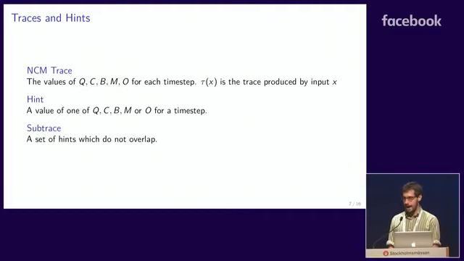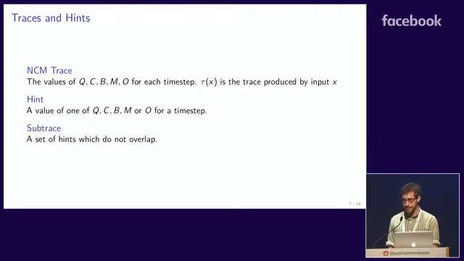So at a little bit of a lower level, a trace for a neural computational machine is a set of values of the controller talking to the processor and the processor talking to the controller, and the locations and values of the memory for each time step. We say that trace tau of x is the trace produced by the input x.